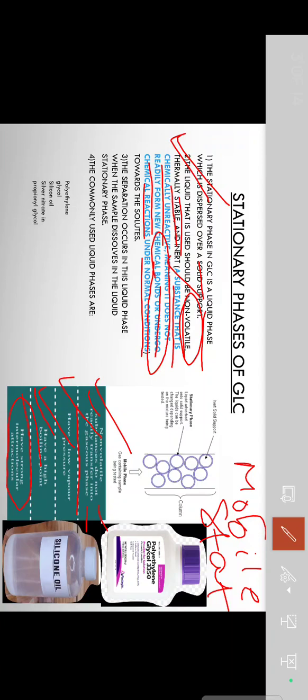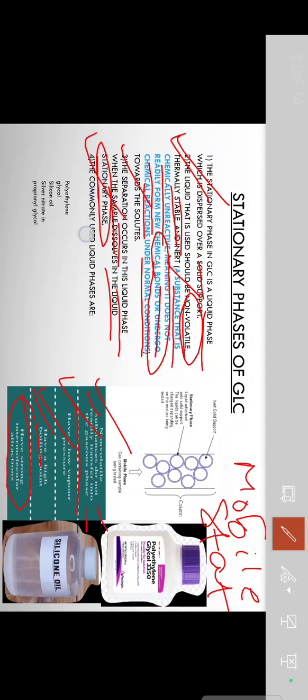The separation occurs in the liquid phase when the sample dissolves in the liquid stationary phase. It means separation occurs when the sample is fully dissolved in the liquid stationary phase.